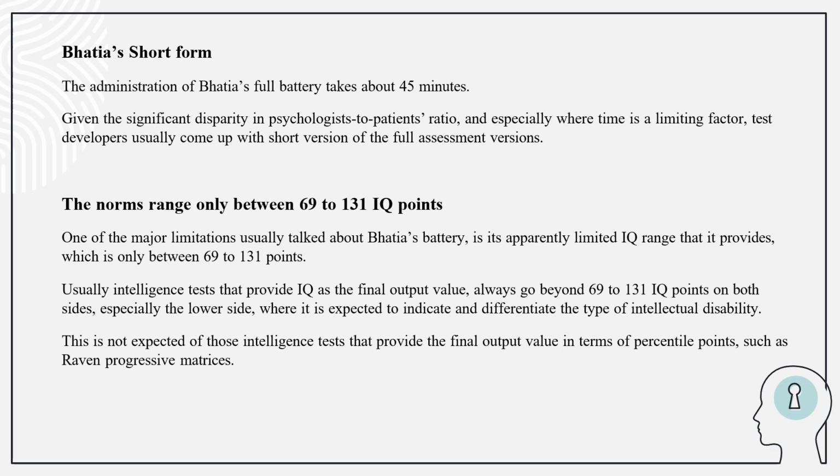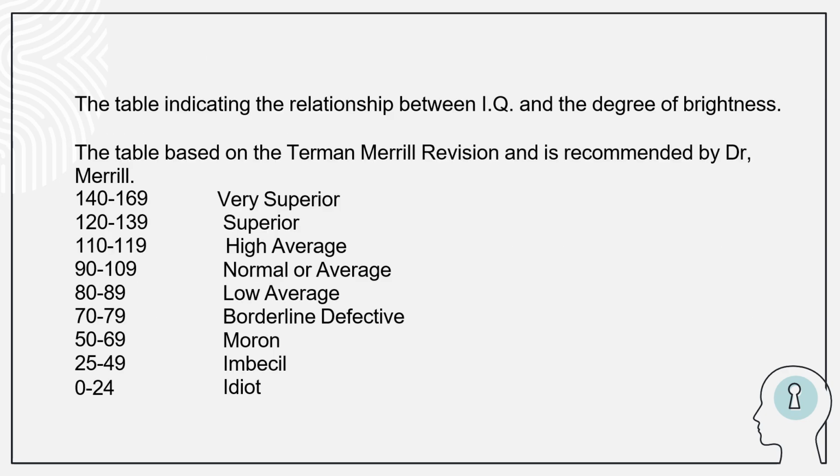This is not expected of those intelligence tests that provide the final output value in terms of percentile points, such as the Raven's Progressive Matrices. Any test that gives an IQ score gives scores which are much below even 69. So this again forms a major limitation, because if we want to evaluate the patient for intellectual deficit or mental retardation, we might have to obtain values which are much below 69.